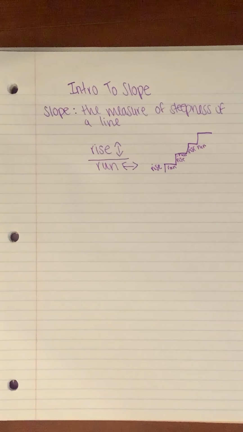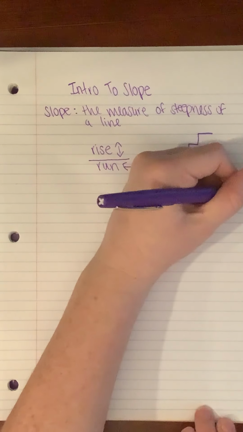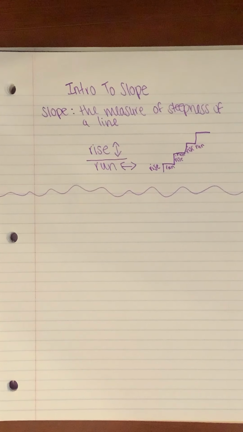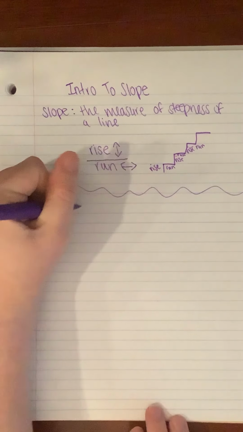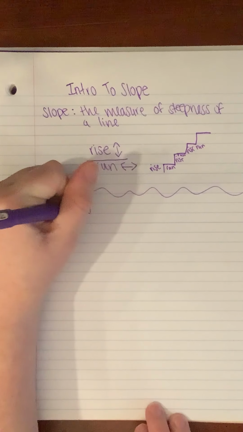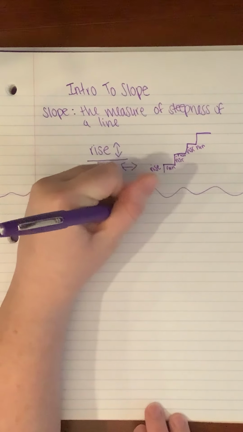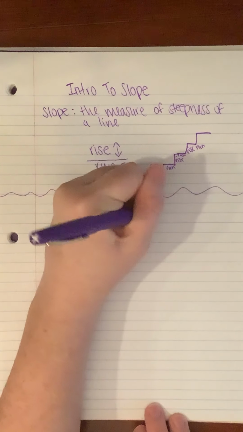All right, so let's back up. That was slope. Like I said, you're going to get a handful of definitions and you're going to build on that knowledge. But before we can do that, let's review some previous skills. And hopefully you're sectioning off your notes just like I am.